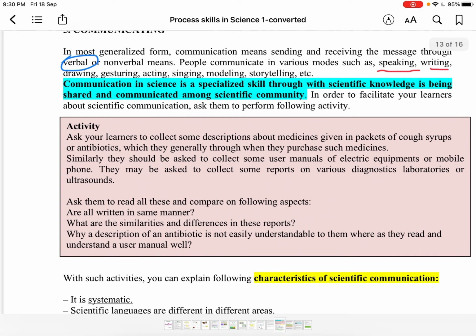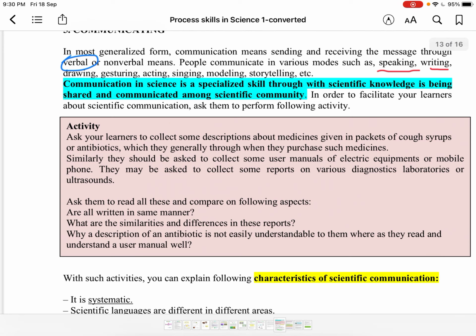Similarly, you can ask your students to collect some user manuals of electric equipment or mobile phones. Every mobile phone has a user manual. Electric equipment also, suppose you have a rice cooker or an electric water kettle. There also, whenever it is purchased, a user manual is there.